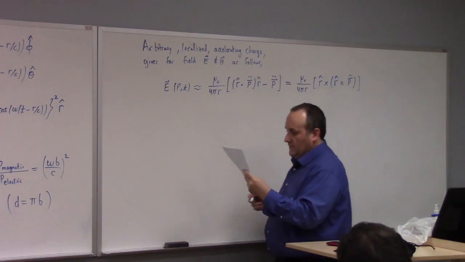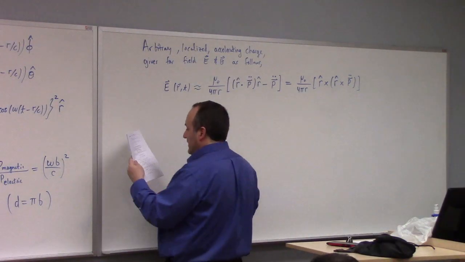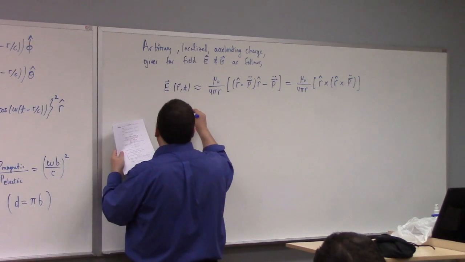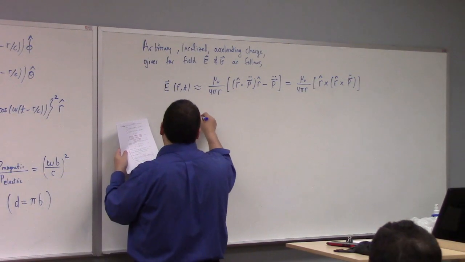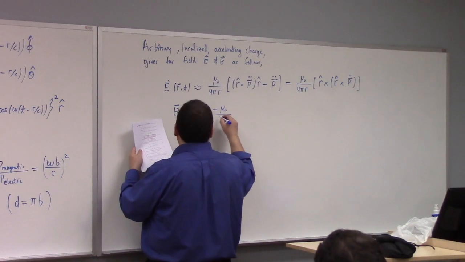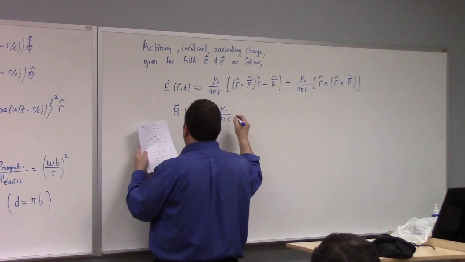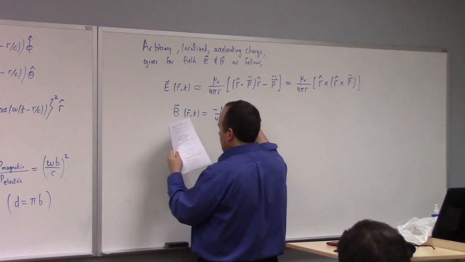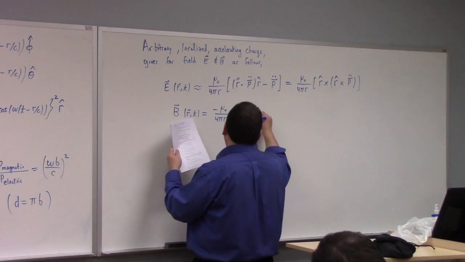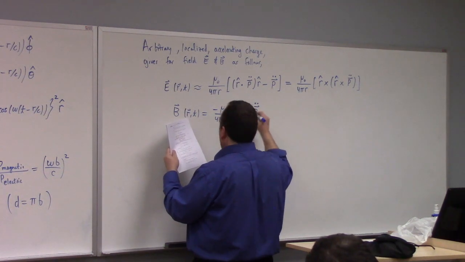So there is your acceleration field, the radiation field for the electric field, and the magnetic field is minus mu naught over 4 pi r c, and it ends up being just r hat crossed with the acceleration of the dipole moment, like that.